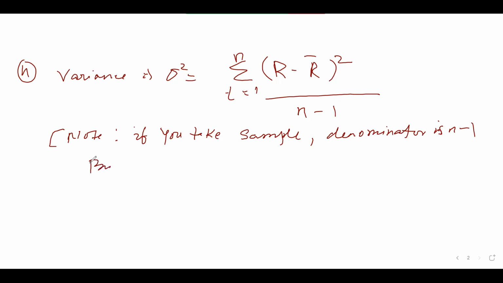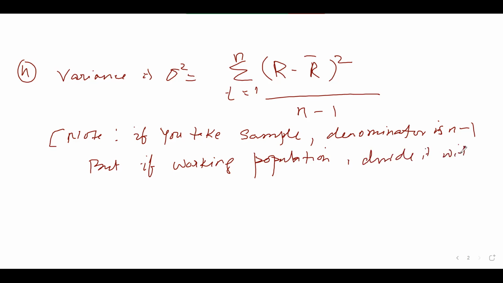But if you are working on the population, that means the whole population of respondents you have taken, then you have to divide it with n, not n minus 1. But you don't need it, because we'll always be working on a sample. You will have no work with the population. So your formula will be n minus 1.